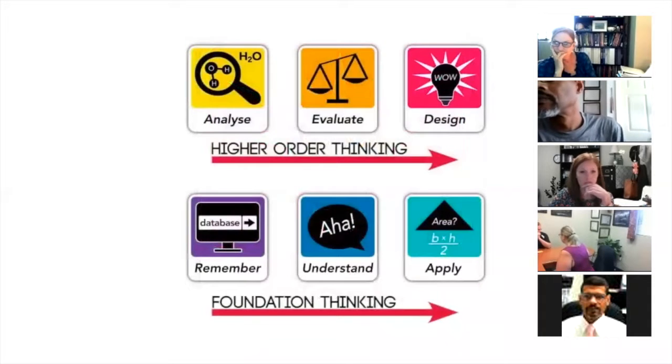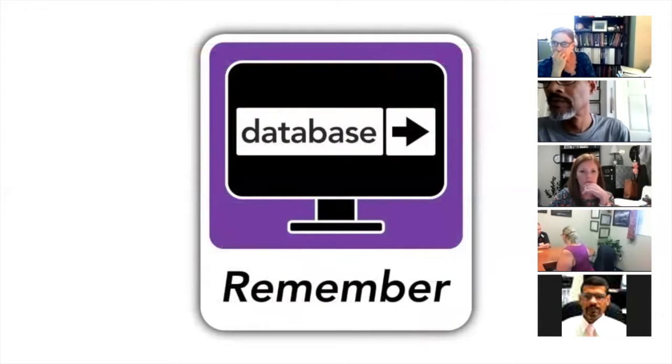When your teacher asks you a question, what they are really asking you to do is think within one or more of these categories. For example, if your teacher asks you, "What is the capital city of a country?" they are asking you to think at the remember level and to act like a database, such as a Google search engine, and recall the name of the capital city.